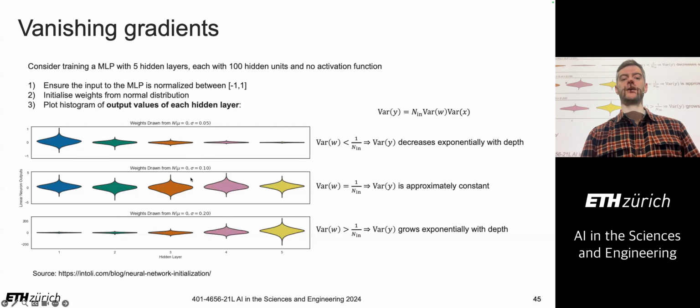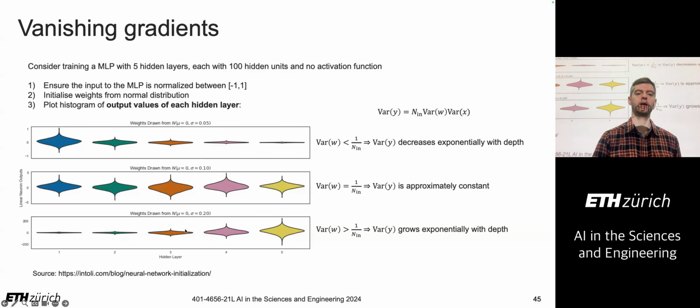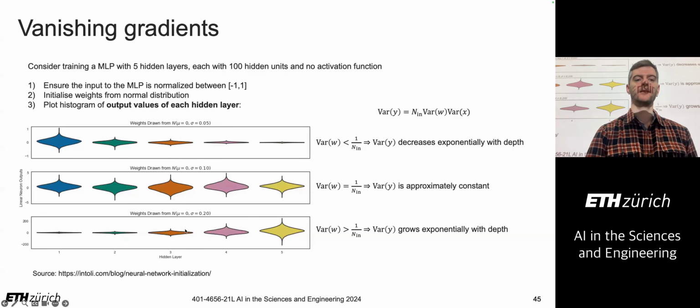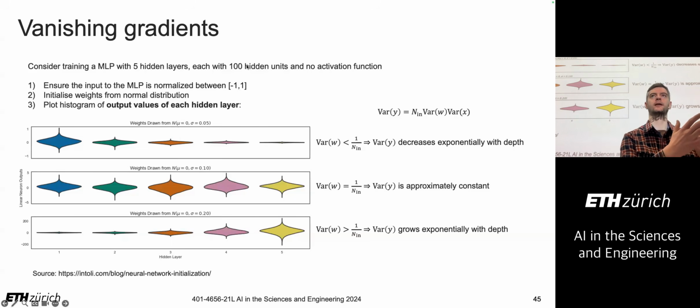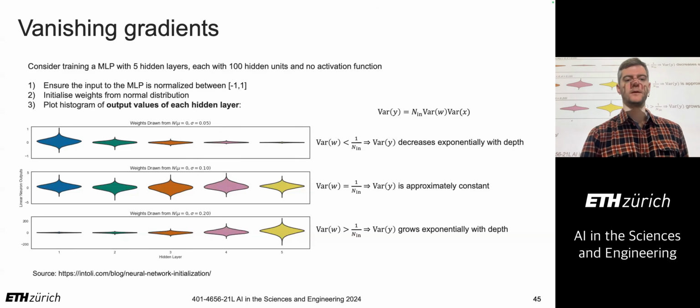This one has weights drawn from a larger standard deviation, and this one from an even larger standard deviation. And what's important is that in this MLP, each layer has 100 hidden units. So we're taking the input, which we're assuming is also 100 values, and producing an output which has 100 values.